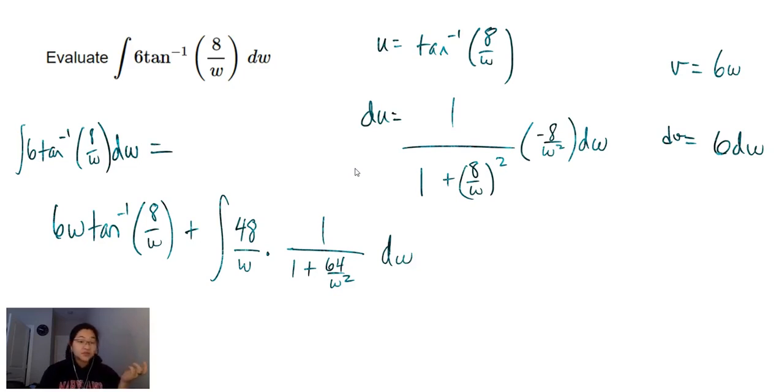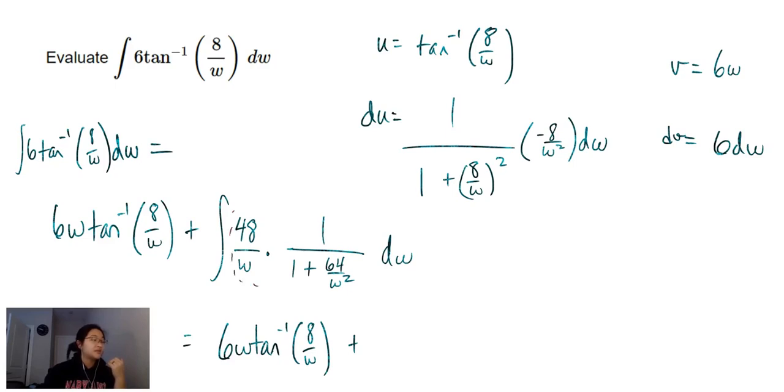And then now we need to do some algebra. So let's see. We get this equals 6w arctan of 8 over w plus, and let's do a brief aside on this.